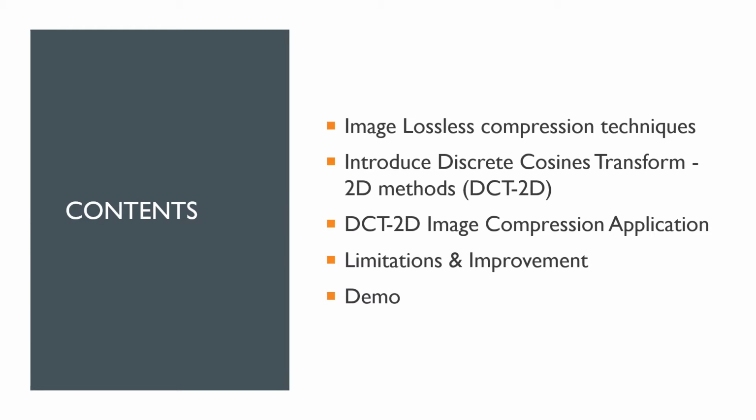So the content of this presentation will be, first of all, I will talk about the lossless compression technique. I also introduce the discrete cosine transform with two dimensions, and next I will show how to apply the discrete cosine transform to compress an image by using MATLAB code.